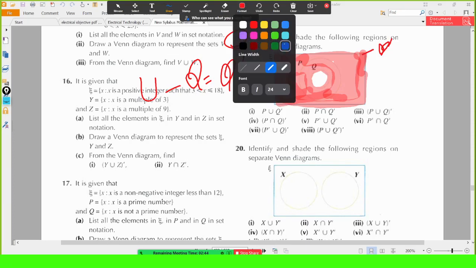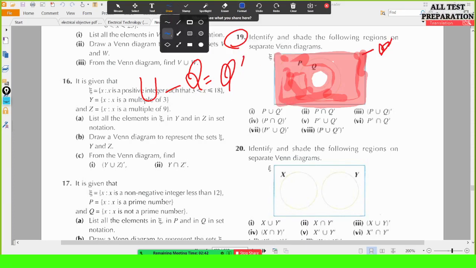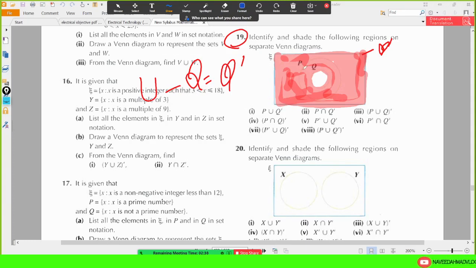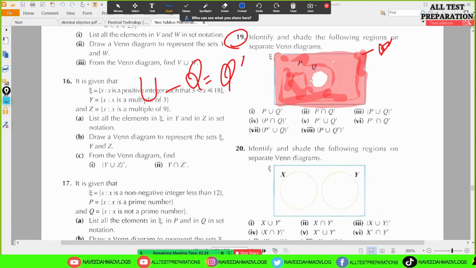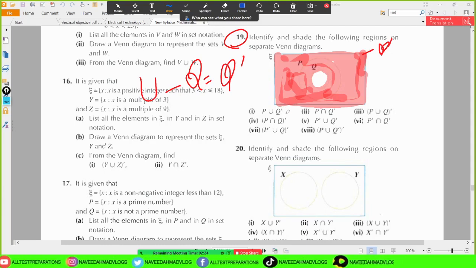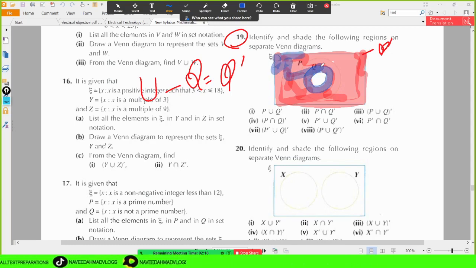Now I will use a different color. P union Q bar. So this is my P. It means you will shade all elements of P and all elements of Q bar. First of all, the elements of Q bar will be all this.